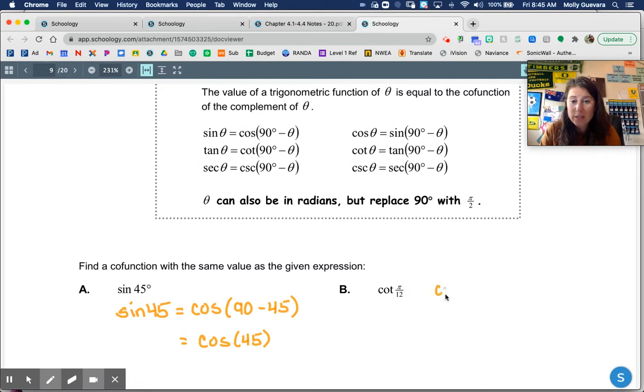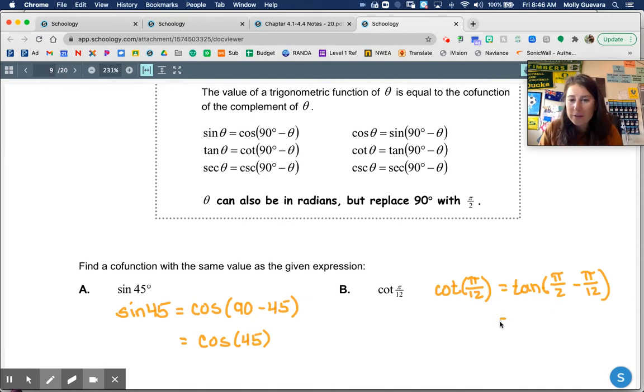So cotangent of pi over 12 is equal to, and again, I'm using this one. So cotangent and tangent are cofunctions. So I know that this is going to be tangent. It's tangent of pi over 2 minus pi over 12. So instead of 90 degrees, I'm using pi over 2.